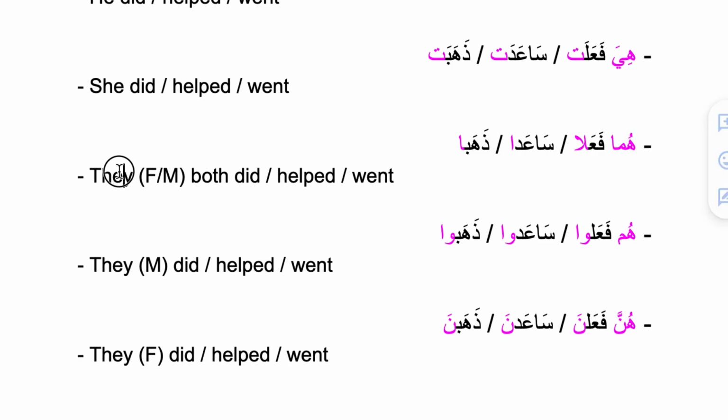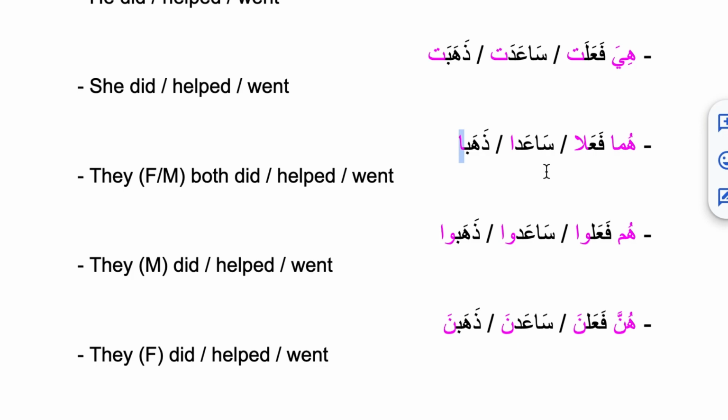Next, huma means they, both, for dual, female or male. Fa'ala means they did, for only dual, female or male. Now, the suffix of huma is the alif. As you can see, it's in a different color. The second example, sa'ada, and it means they helped.